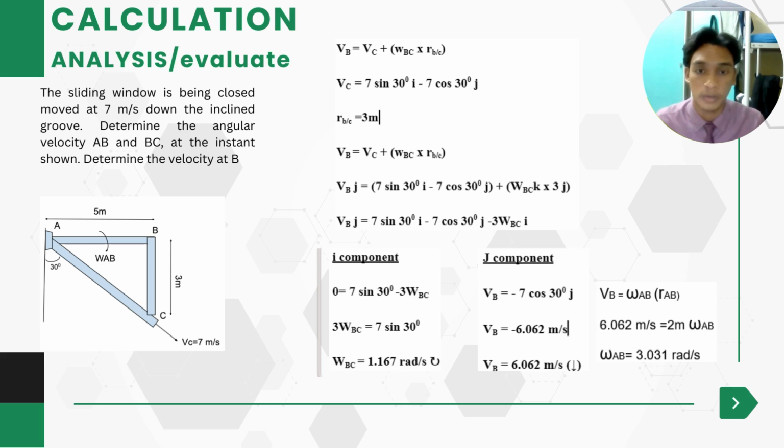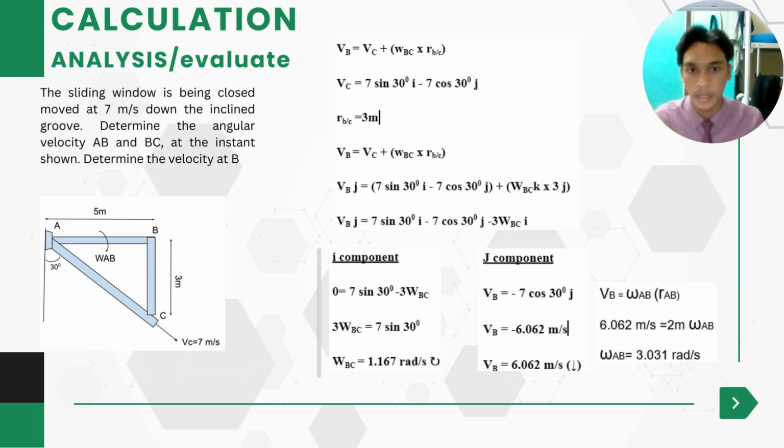Because we need to find the velocity, we can put VB equal to omega AB times RAB, as you can see from the right side bottom of the slide. After that, we can put VC equal to 7 sin 30 degrees and all that into the velocity equation.